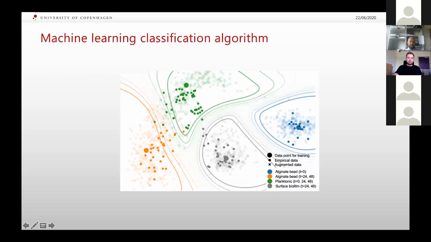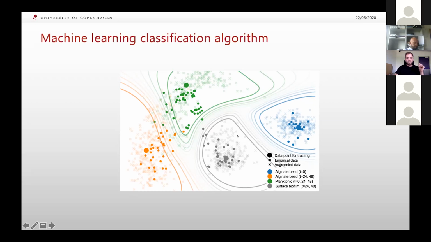And by doing this, we made the classification algorithm and show that we still have the same clusters, where we trained this model using only one real data point. So the big circles here are the empirical data used for training, and the crosses are all the augmented data, while the small dots are the remaining empirical data points.